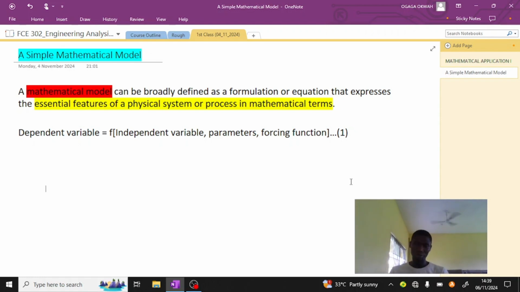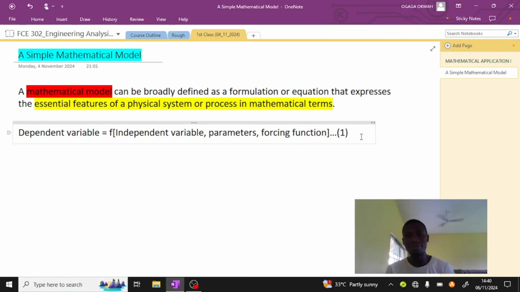Take a physical system, which can be an object or anything, or maybe a process. Take what defines that process. Those are the essential features. Take them and express them in mathematical terms. That's mathematical modeling.